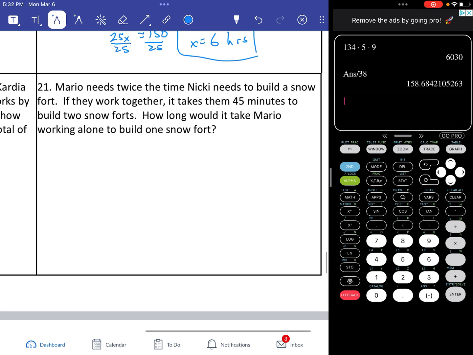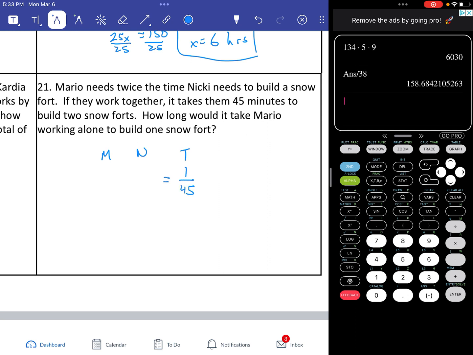We've got Mario needs twice the time Nikki needs to build a snow fort. So Mario, Nikki, we have them together. If they work together, it takes 45 minutes. Oops, I made a mistake. Forgot the numerator. We're building one snow fort together in 45 minutes.